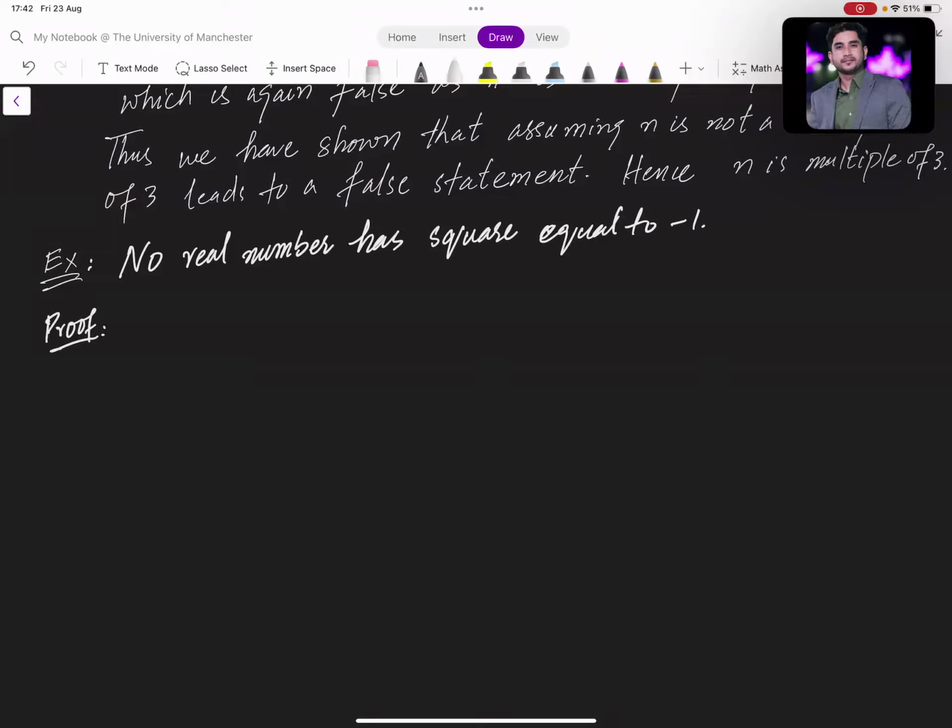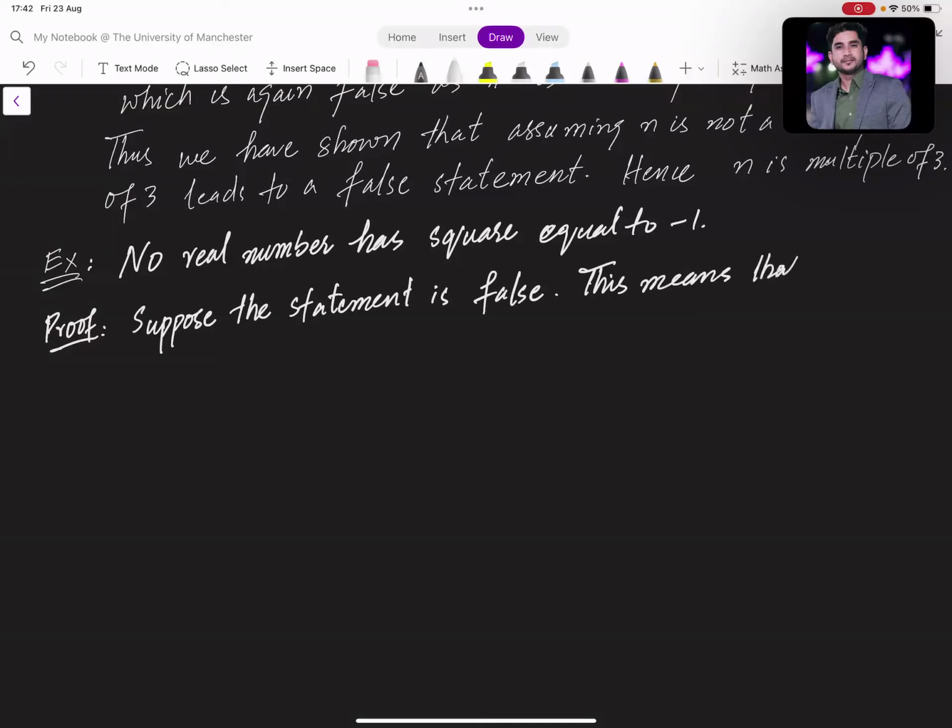By contradiction, we can say: suppose the statement is false, which means there is a real number, say x, such that x square is minus 1.